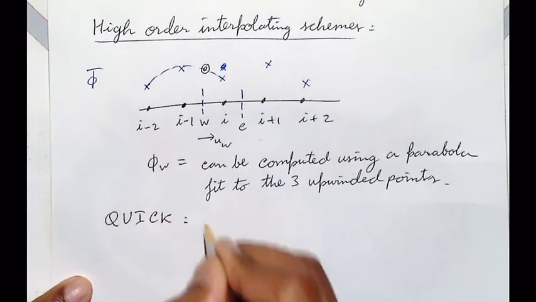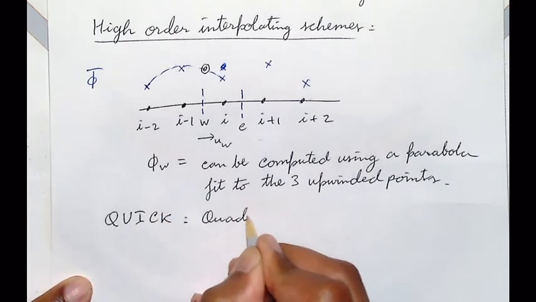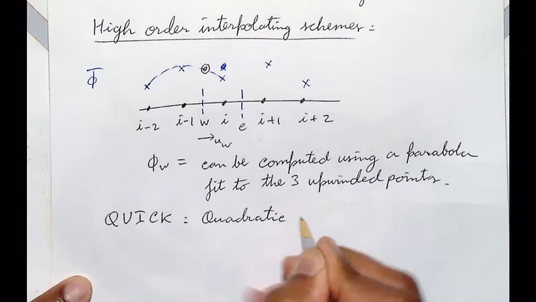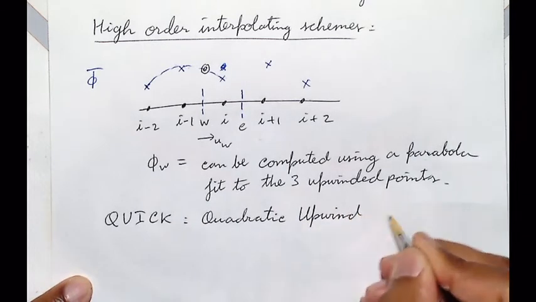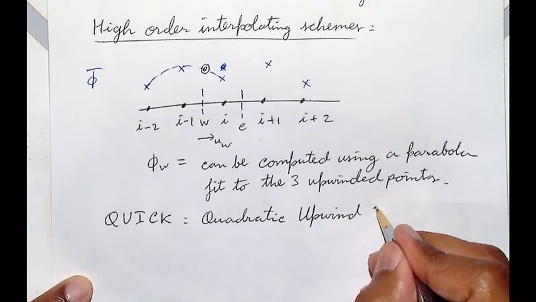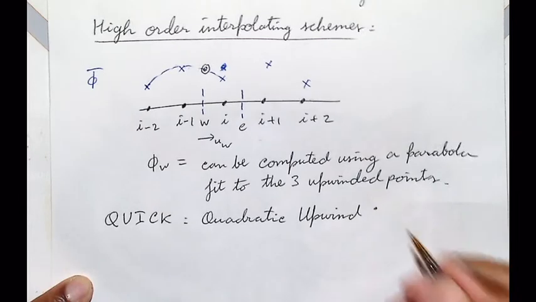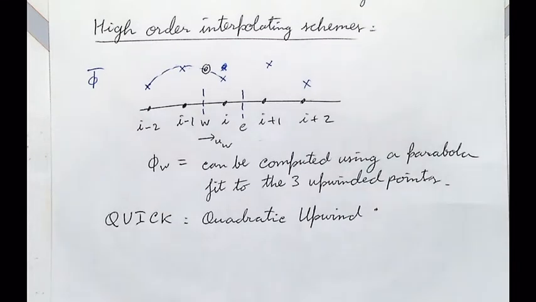QUICK, and it's quadratic, upwind, convective. What is the K for? Kinematics. Okay. Wait, not upwind, upstream.